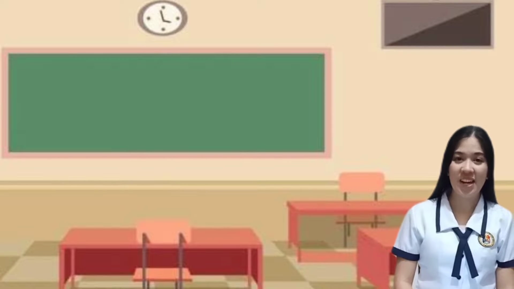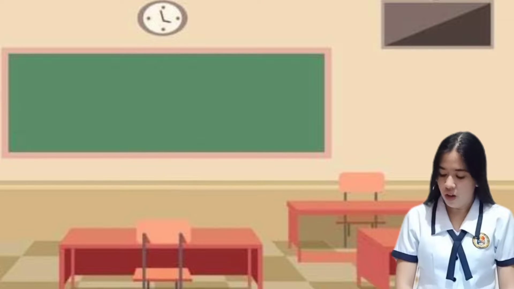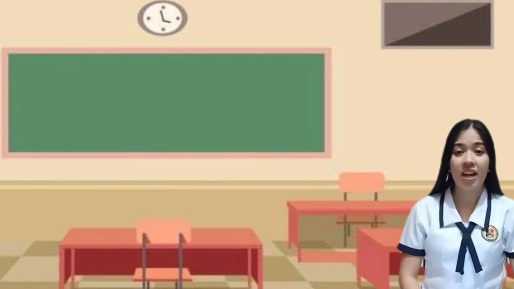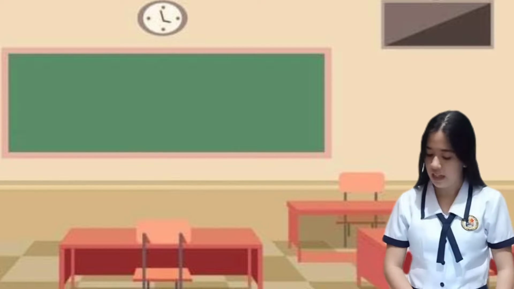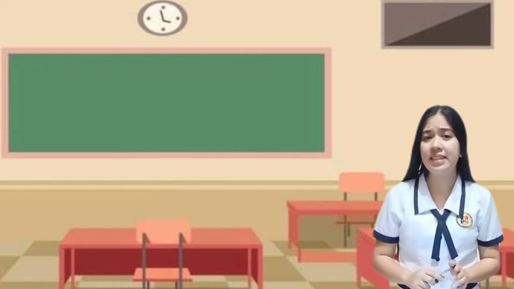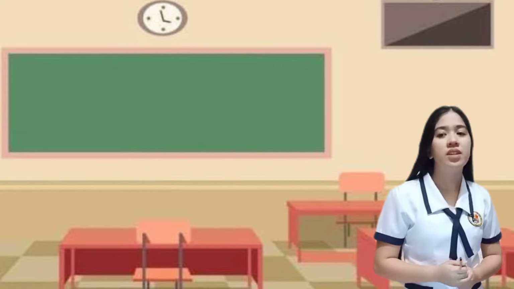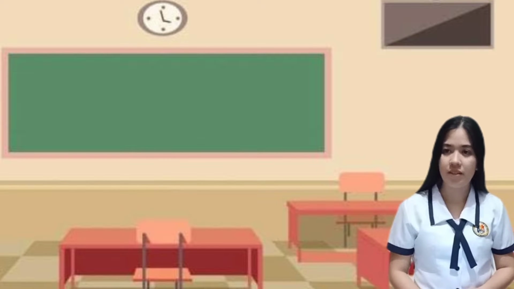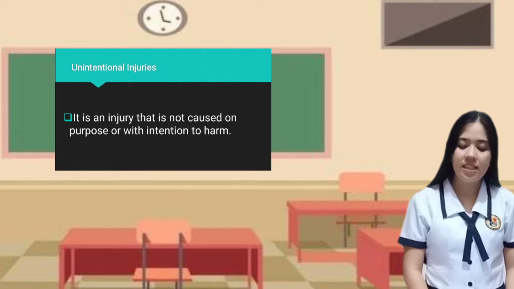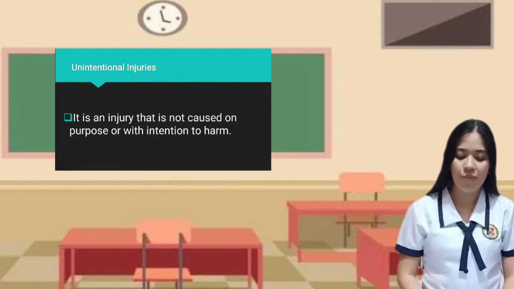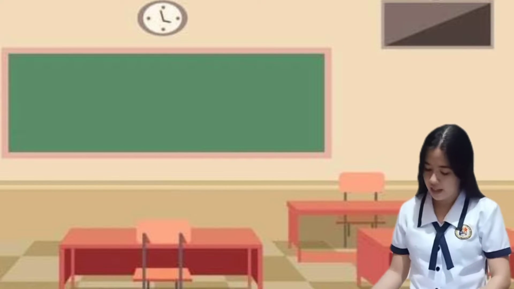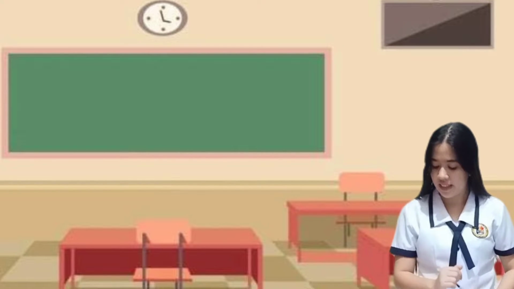Now, you have already understood all those different terms that you may encounter in our discussion. So, let's proceed. Class, what do you know about unintentional injuries? Yes? Very good. Unintentional injury is an injury that is not caused on purpose or with intention to harm. Very well said.